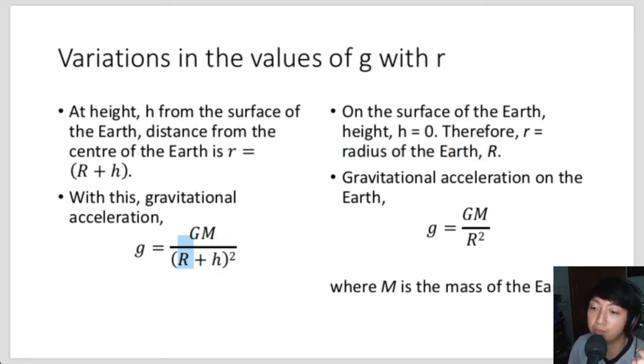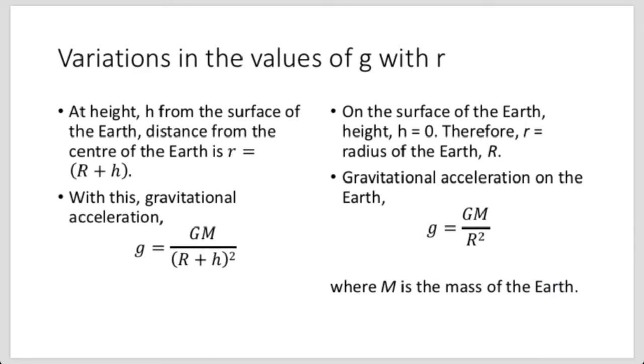So big R and small r are going to be the same. So gravitational acceleration on the Earth, you don't have to add the h. It's just g, gravitational acceleration, equals gravitational constant times mass of the Earth over r squared, radius of the Earth squared. So these are two different formulas that we use.